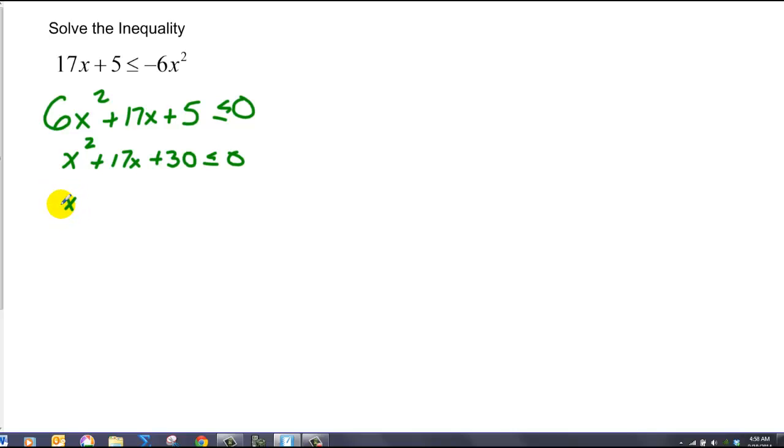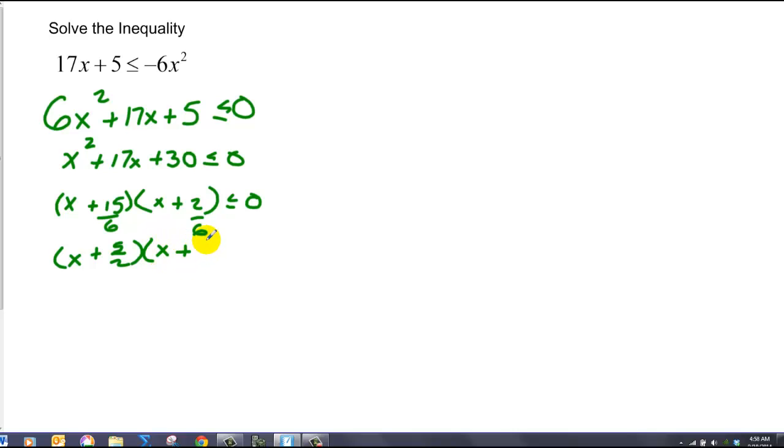Factor that: what multiplies to 30 and adds to 17? That's going to be 15 and 2, both plus. Divide by the 6 and reduce fractions, so this goes to 5 over 2, and this being 1/3, less than or equal to 0.